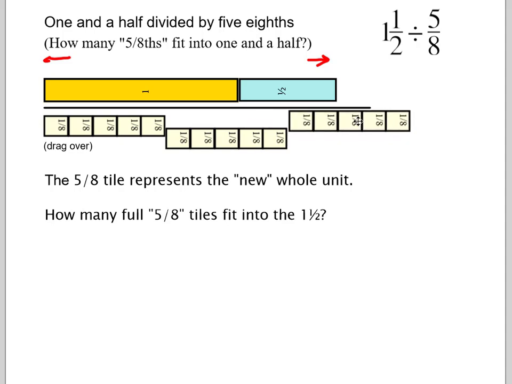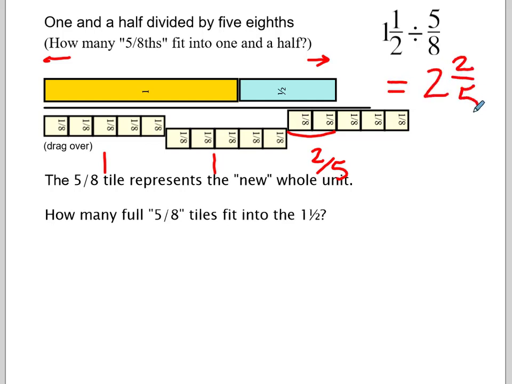And then lastly, a portion of that final third block fits. So if we count these up, we have one full block of 5/8 there. We have a second block of 5/8 there. And of this last one, we have 2 out of 5 of those pieces. So we have 2/5. So the answer here would be 2 and 2/5.